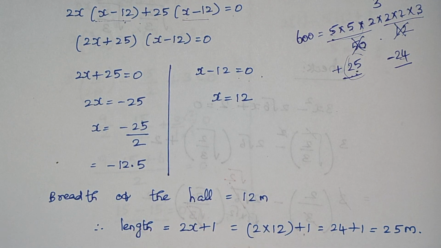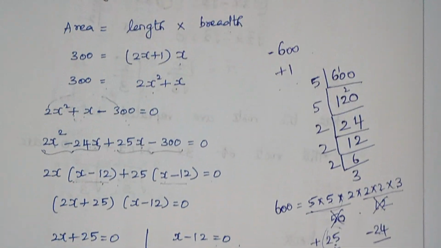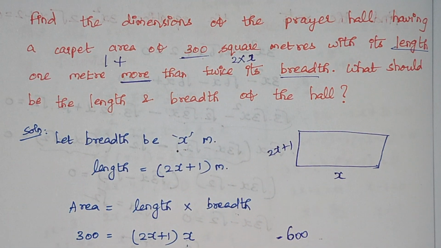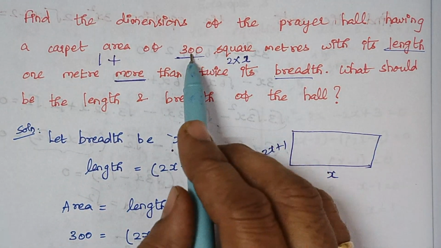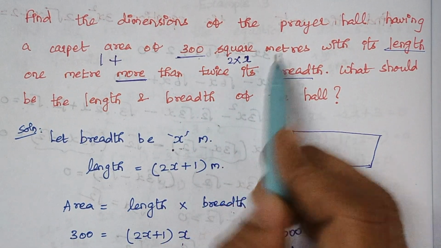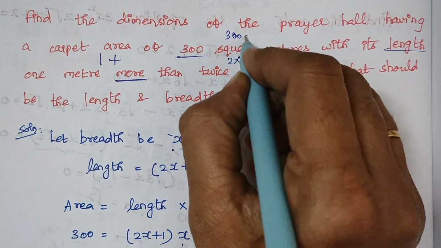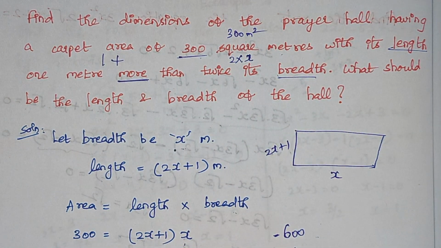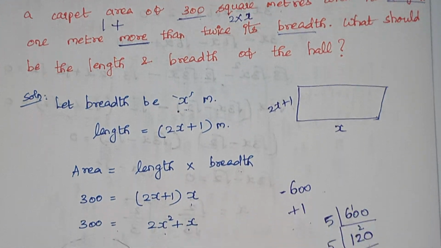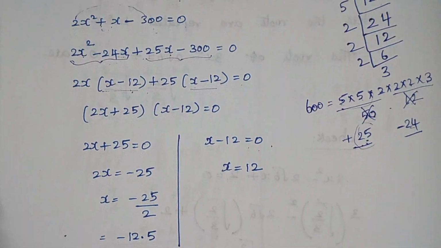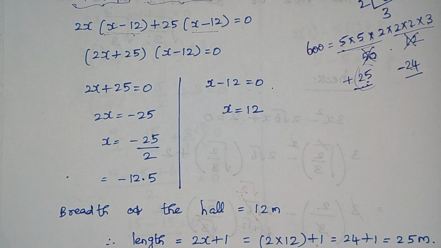So, why are we mentioning the unit as meters? Why not some other thing? Because when you look at this problem, the area is given as 300 square meters, which is nothing but 300 meters square. So, that's the reason why we are mentioning the value of breadth as 12 meters.